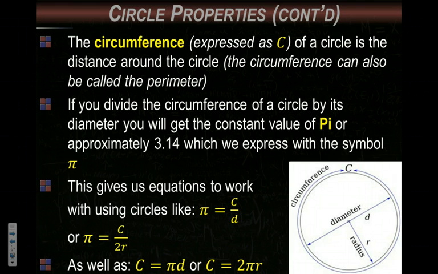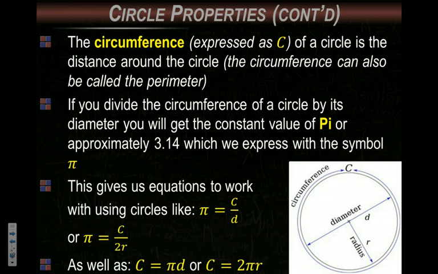If you divide the circumference by its diameter, you get this value pi, 3.145, etc., etc. Because that number is infinite, it never ends, we usually express it in math with the Greek symbol pi, okay?